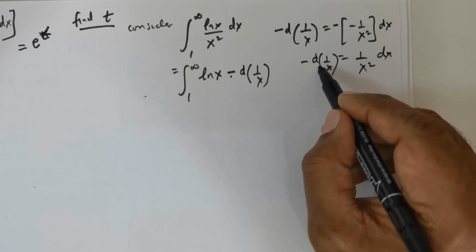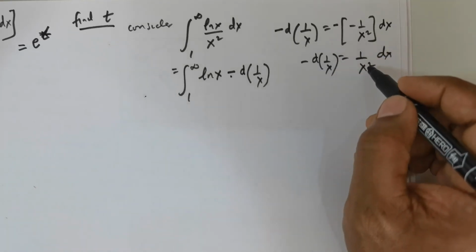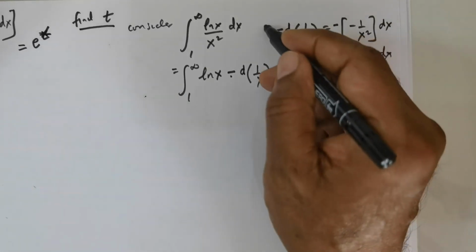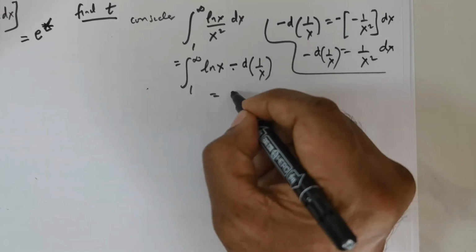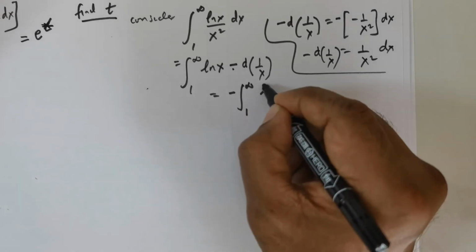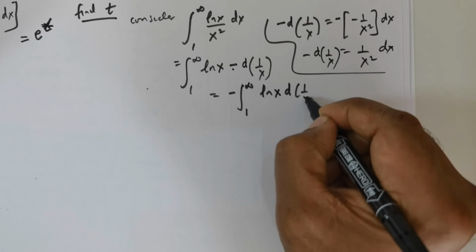That would mean if I differentiate negative d of 1 over x, I would be producing 1 over x squared times dx. Now you may be wondering why I am writing it like this. That has got a reason. So this can be rewritten as negative integral from 1 to infinity of ln x d of 1 over x.